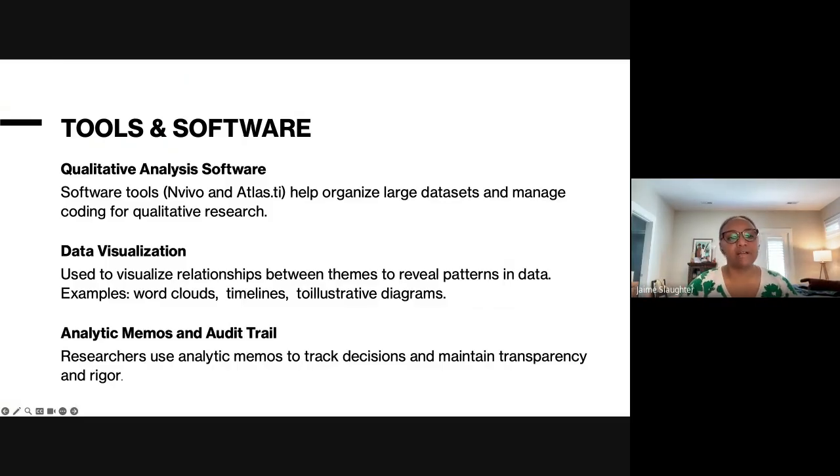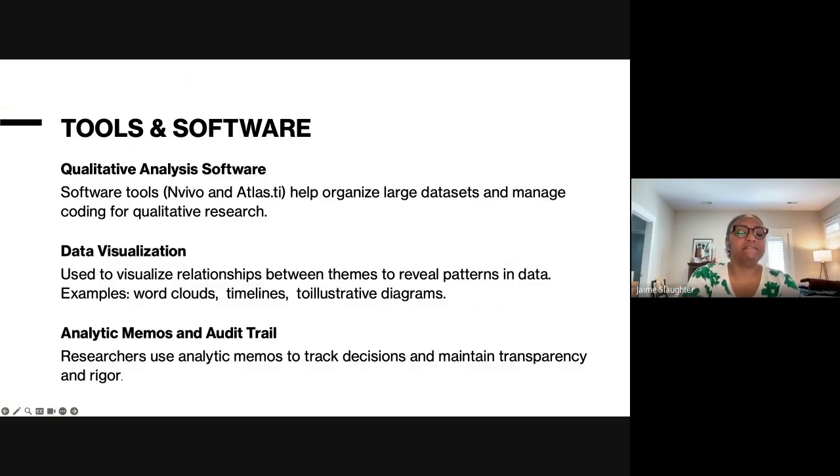If you don't have access to NVivo or software like Atlas.ti, you can literally take the interviews and have them in a Word document or in an Excel table, and do the coding the old-fashioned way, reading through the narratives and assigning codes to them that way.